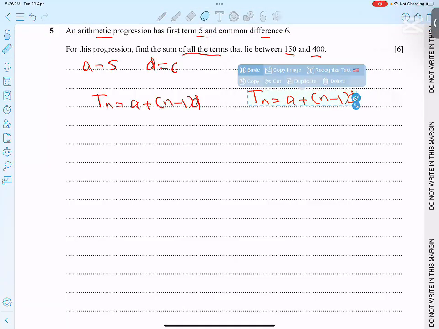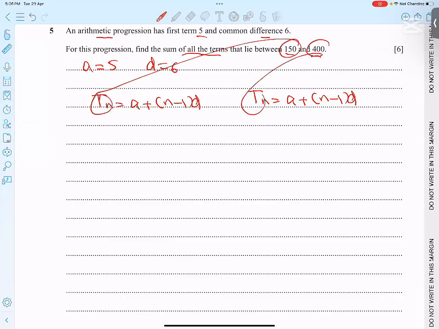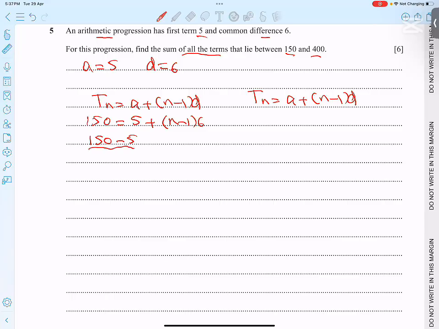So I will plug in, because he's saying here between 150. So the 150 I'll copy here and 400 I'll copy here. So I put 150 here, and first term is 5, common difference is 6. So first of all, I get 150 minus 5 divided by 6, so I will get n minus 1.